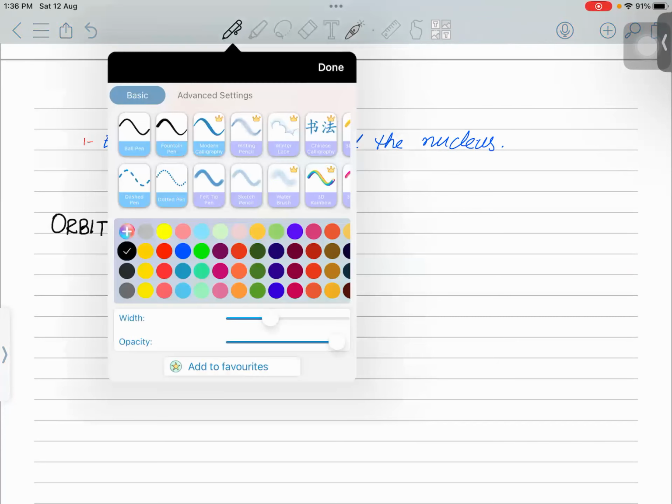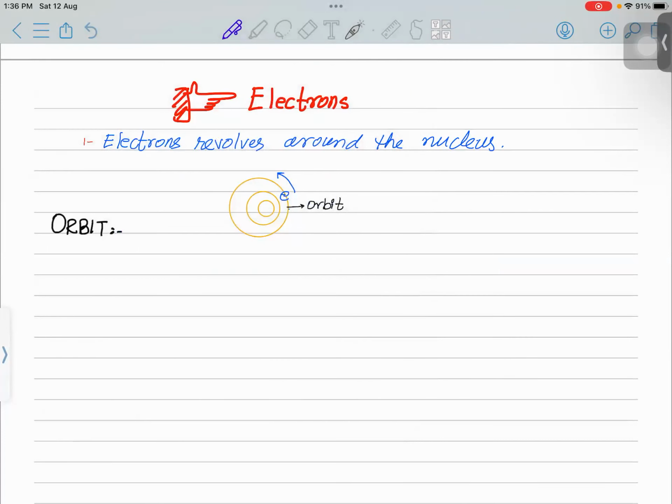Can anyone tell me what an orbit is? An orbit refers to the path an electron takes to rotate around, but you have to add the imaginary part. There is not a particular path. Scientists imagine that we have an imaginary path where electrons revolve. There is no road on which electrons revolve. This is an imaginary path, right?